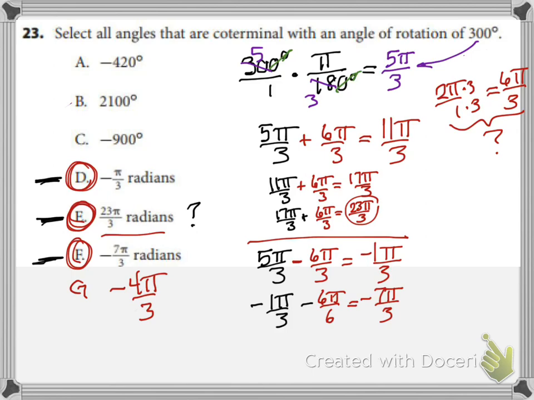Nope. If I subtracted the first time and I went negative 1 pi over 3, that was still good. But when I went past it by going to negative 7 pi over 3, then I would cross that out. That's going to happen somewhere among the degree problems.